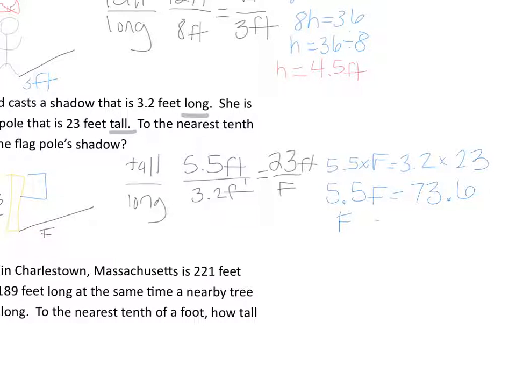So to calculate F, we're going to say 73.6 divided by 5.5. And we get that F is equal to about 13.4 feet. We knew we had to round to the nearest tenth because that's what the problem said to do.